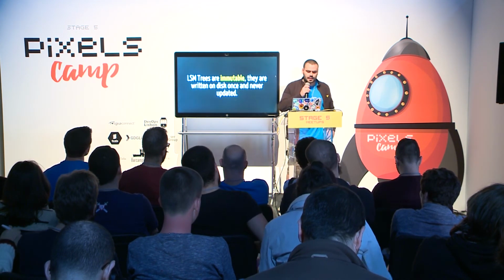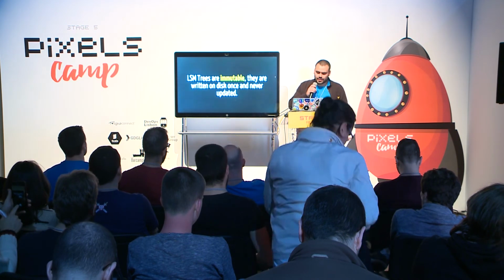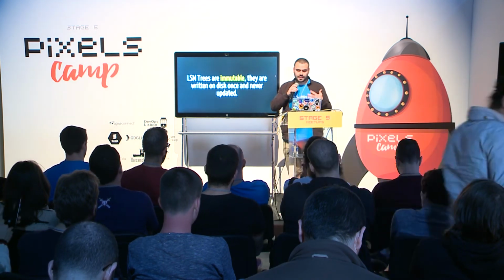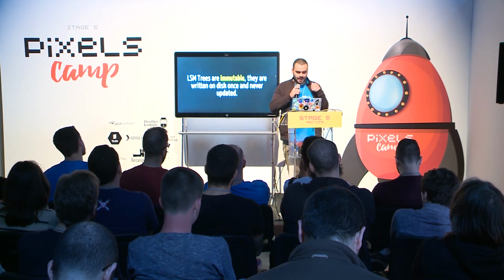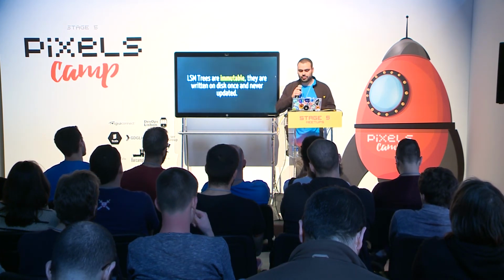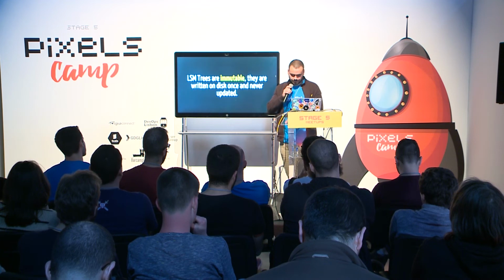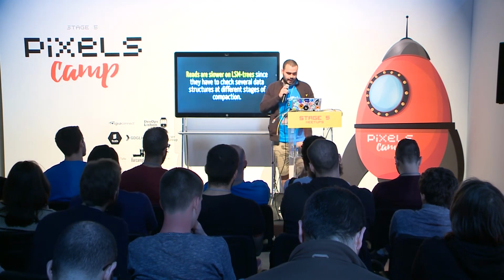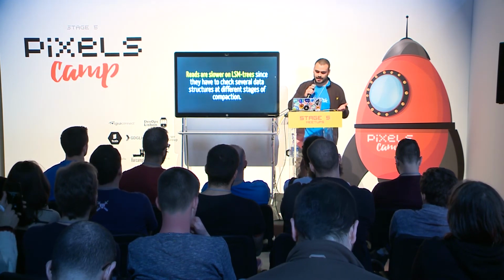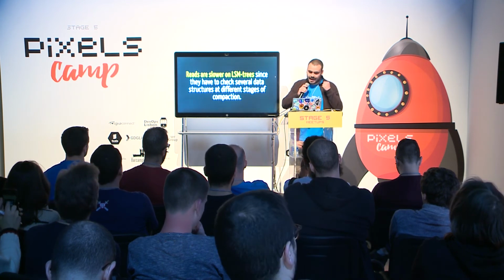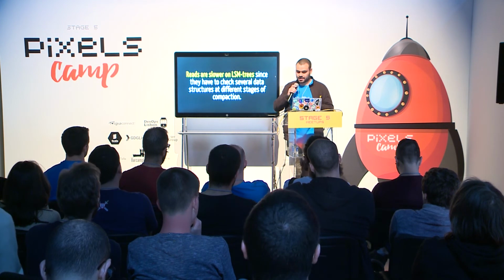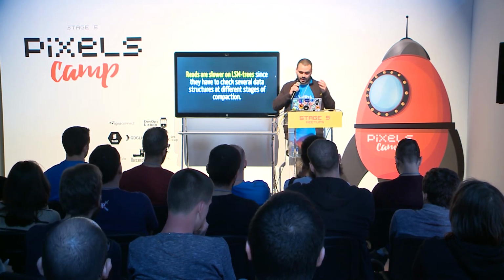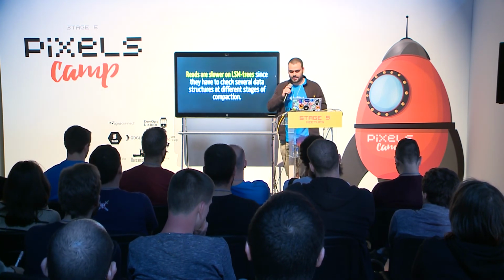On the other hand, LSM-Trees are immutable. They are written on disk once and they are never updated. So we can delete segments, but we can never update them. And this means that reads are slower on LSM-Trees because they have to check several data structures at different stages of compaction.